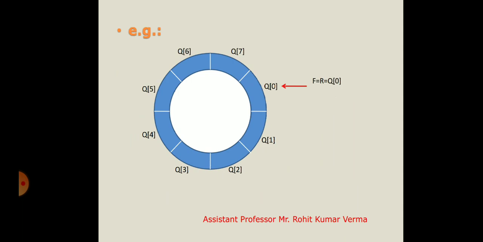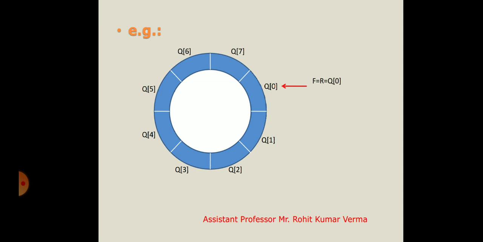So dear students, what happens in a circular queue? The last position is connected to the first position and that forms a circle. Here you can see in case of circular queue we have a ring buffer. Our first location is Q0 and our last location is Q7.